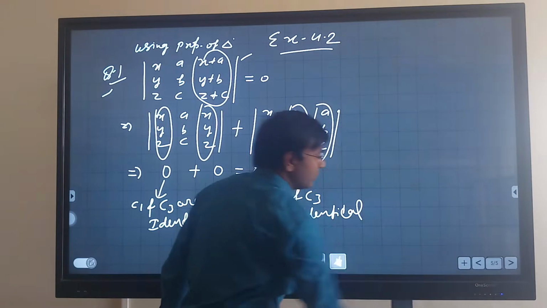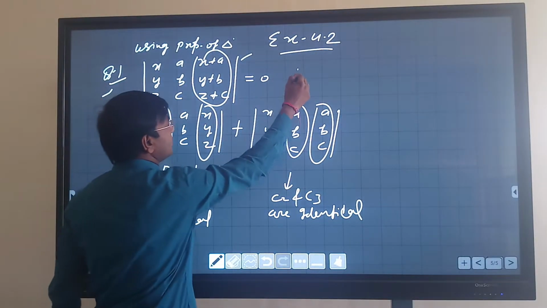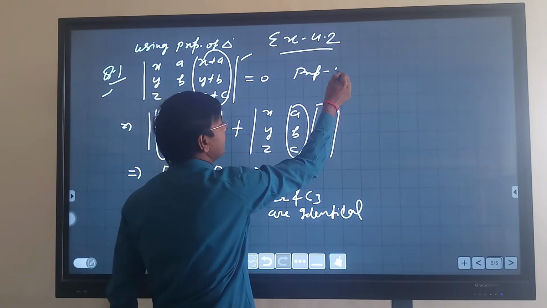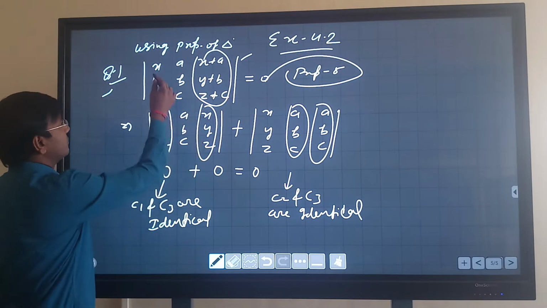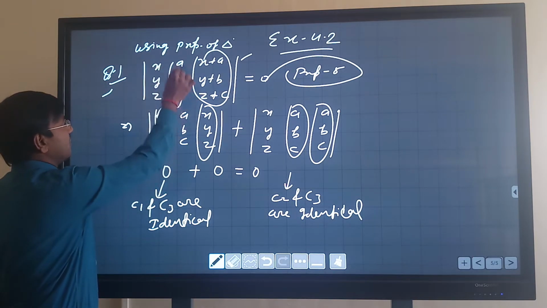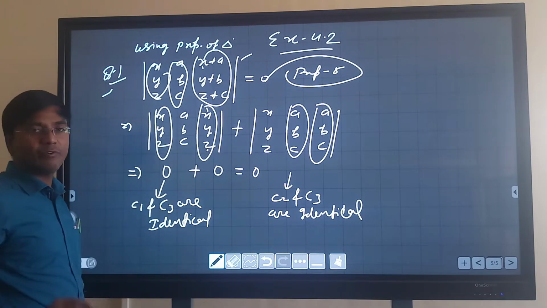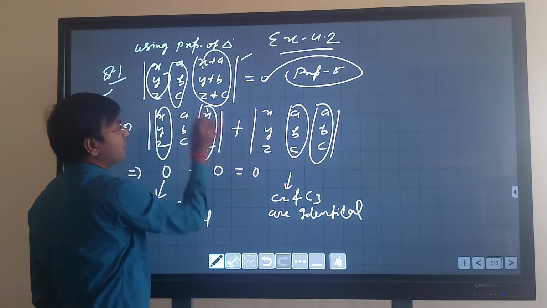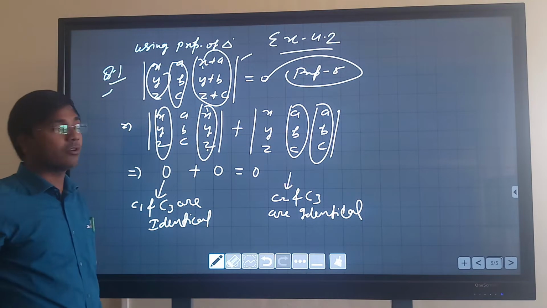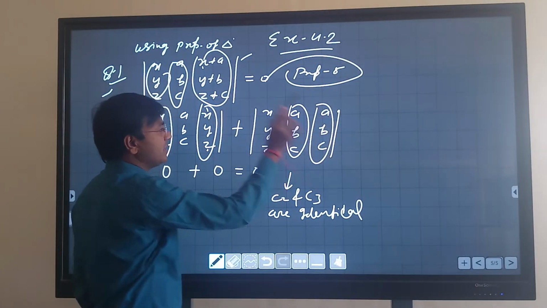So we will do the same, using property 5 in this question. The remaining rows or columns are as it is. So x, y, z and a, b, c both are as it is, and x, y, z we have taken as first element of this determinant, plus first and second column as it is, as we have done there also, and now a, b, c, the second element, is coming.